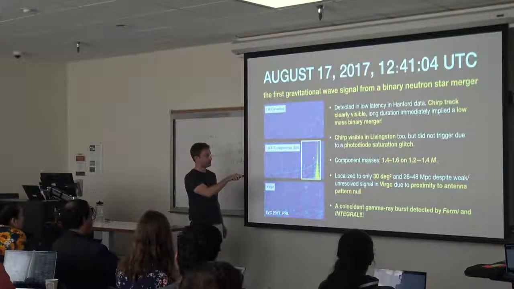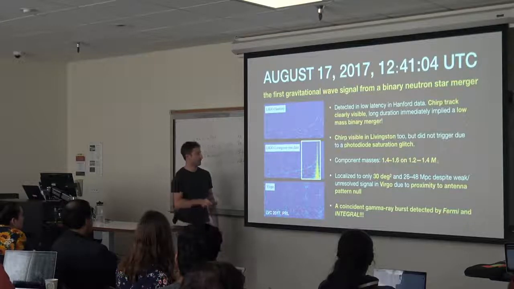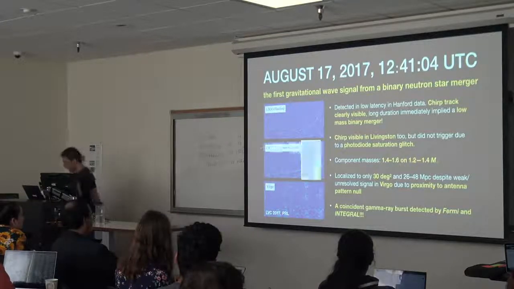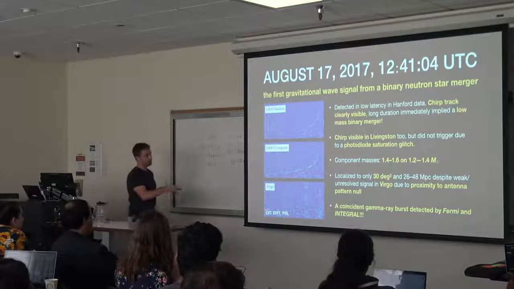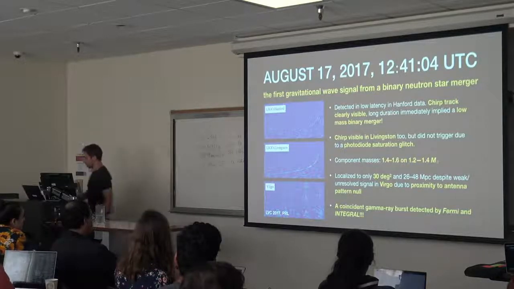And so once you take it out, it really cleans up the data quite well. And notably, there's nothing in Virgo that you can see by eye. But even that is important information.